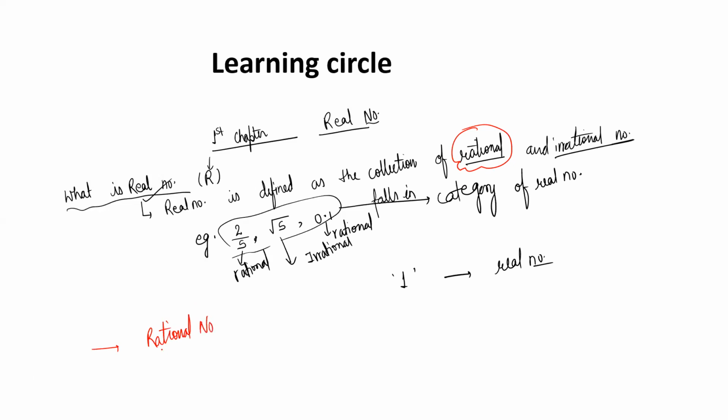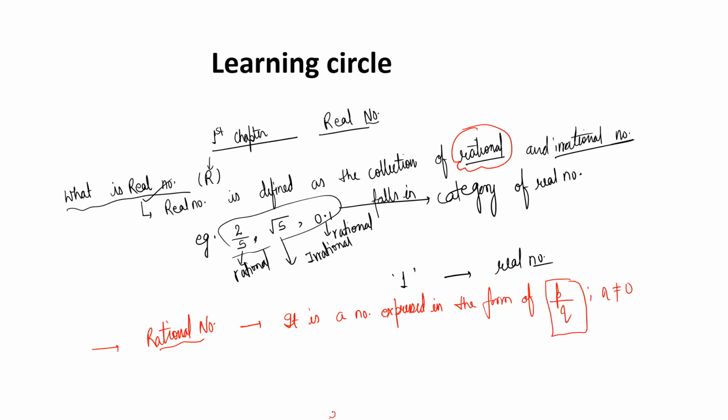It is a number expressed in the form of p by q, where q does not equal 0. It means it should be in the form of p by q. P by q means numerator upon denominator.